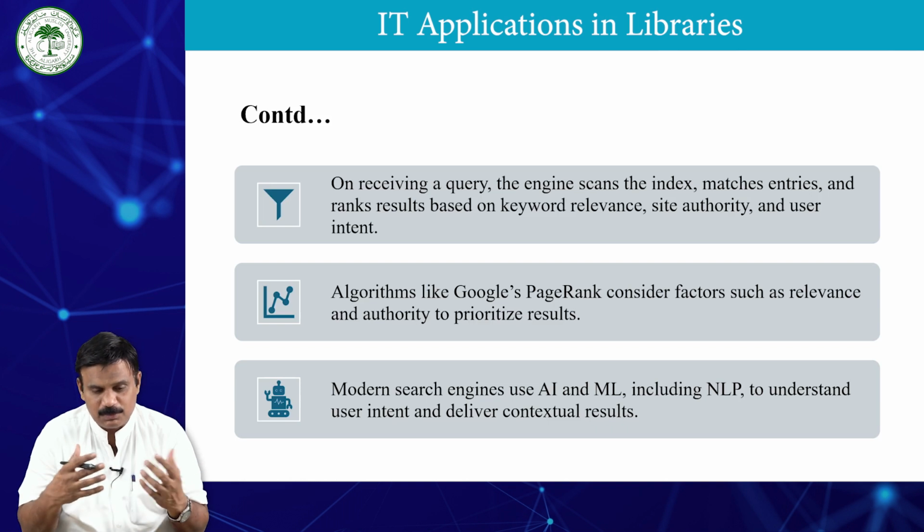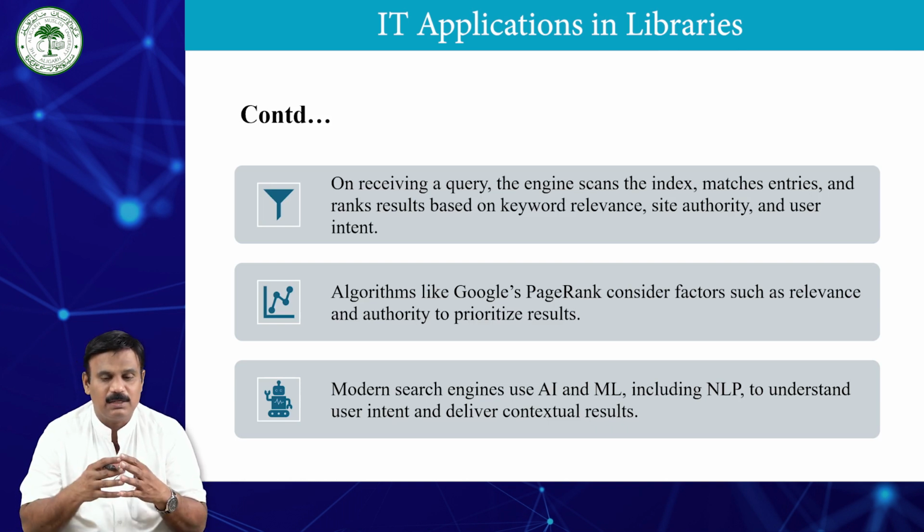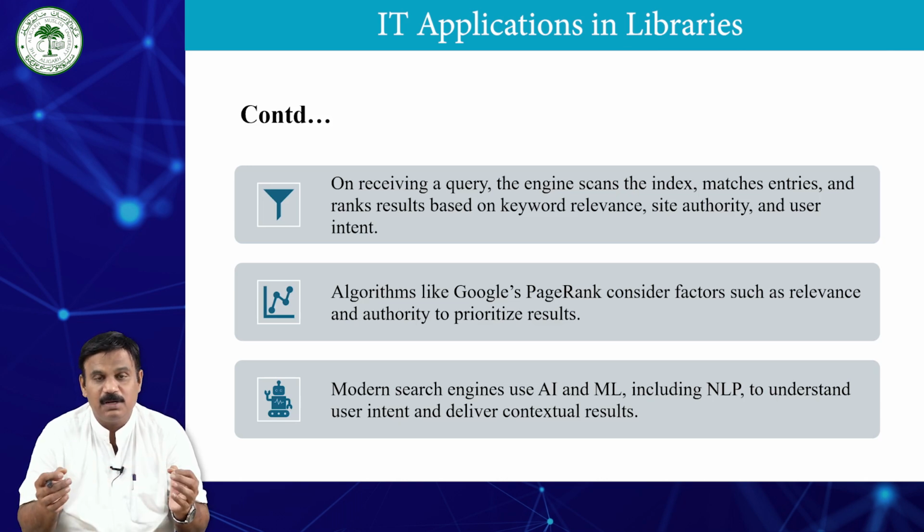There are some algorithms like Google's PageRank, which consider factors such as relevance and authority to prioritize the results. Nowadays, modern search engines use artificial intelligence and machine learning, including natural language processing, to understand user intent and deliver contextual results.